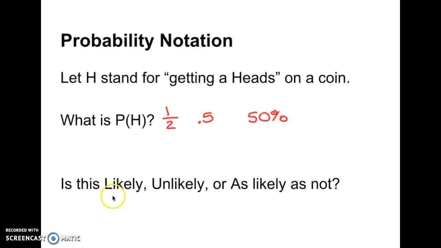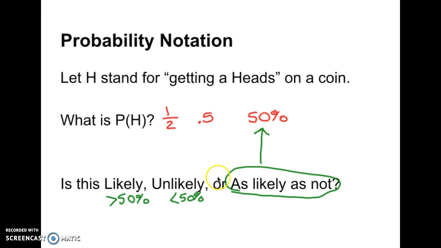It's likely if its probability is greater than 50%. Unlikely if it's less than 50%. And as likely as not if our probability is 50%, which is this example. So this one would be as likely as not, or it might also be worded as equally likely and unlikely.